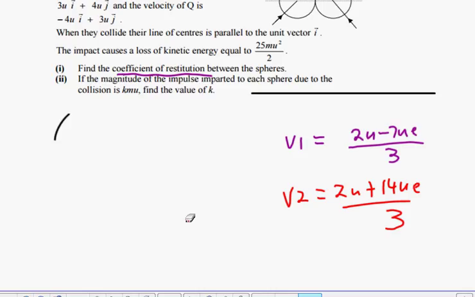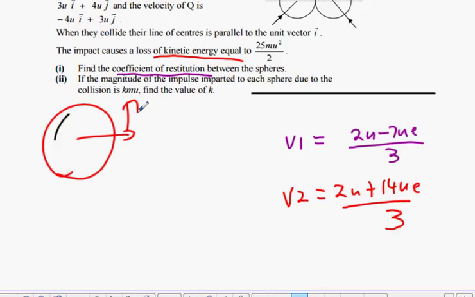Impact causes what? Loss of kinetic energy. Now what are the speeds after impact? The impact causes a loss of kinetic energy equal to 25mu squared over 2.